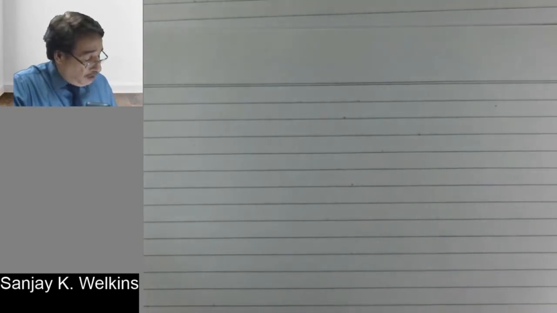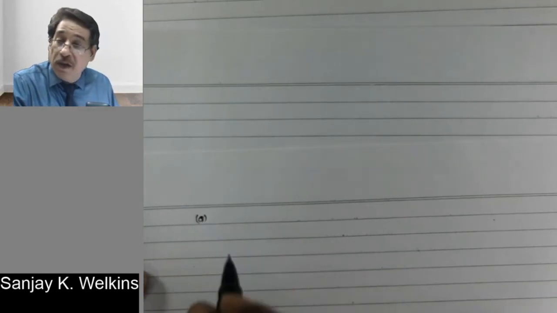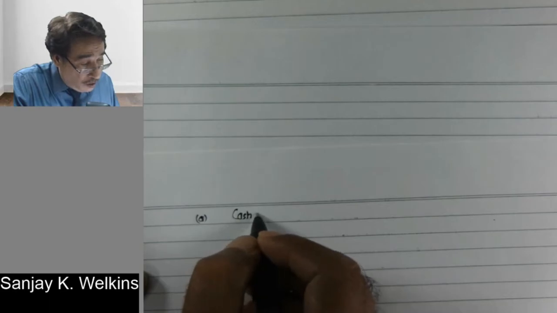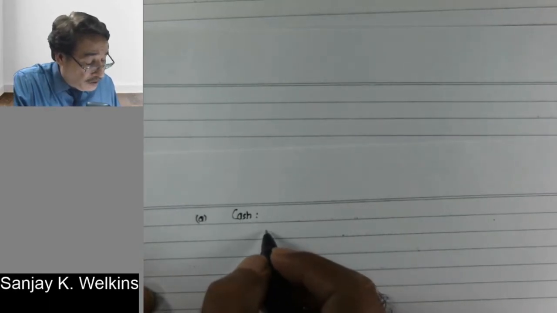So the standard has provided a broader list. A financial asset is any asset that is, 1, cash. Cash is considered as a financial asset.